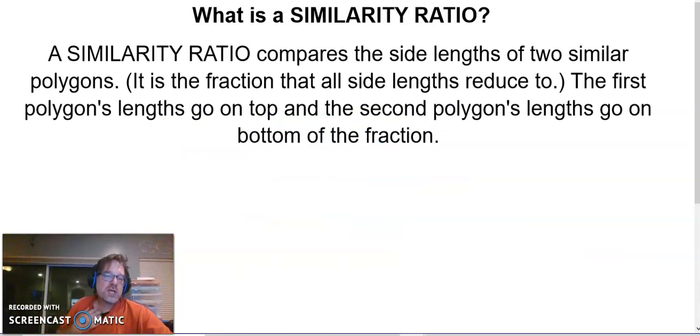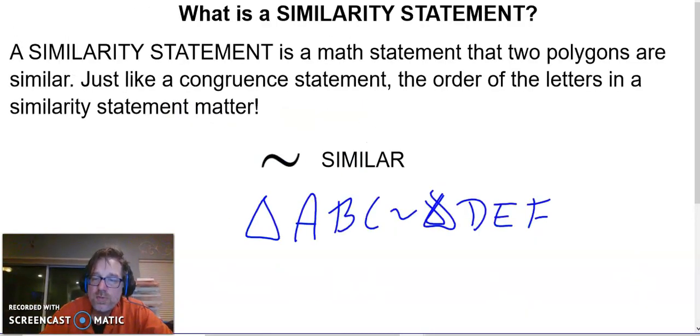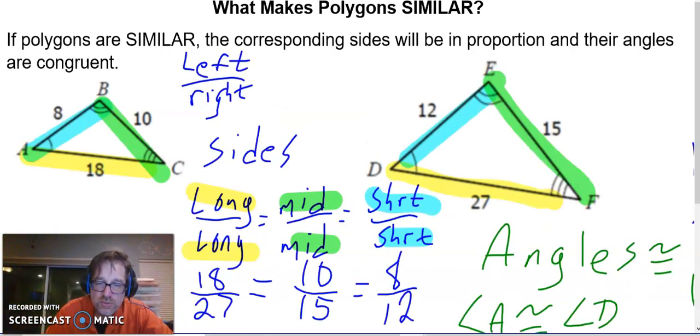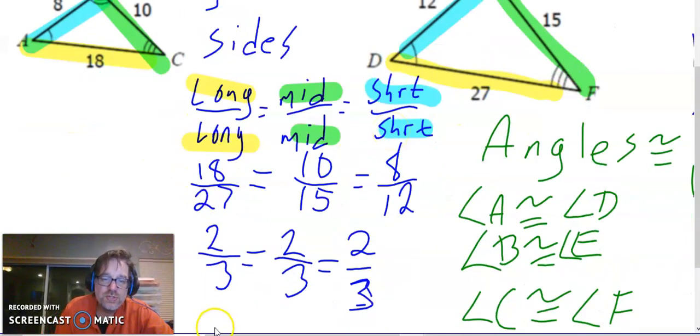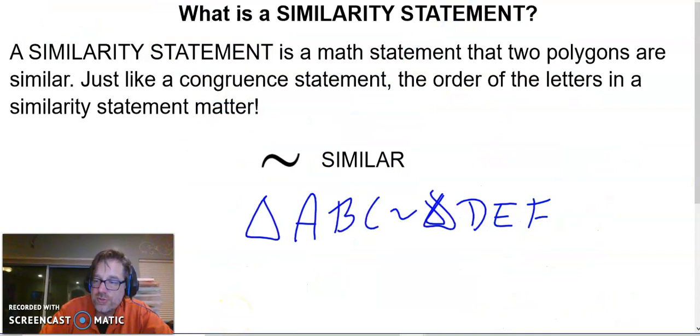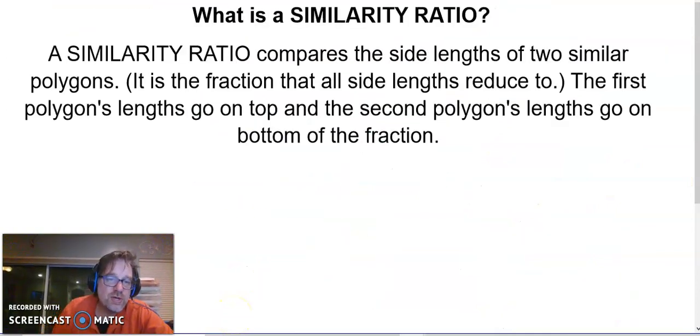And then two more things to talk about. Similarity ratio. When we take those fractions that we just wrote, long over long, short over short, middle over middle, when we look at these similar triangles right here, remember we got the number 2/3? That 2/3 is what we call our similarity ratio.